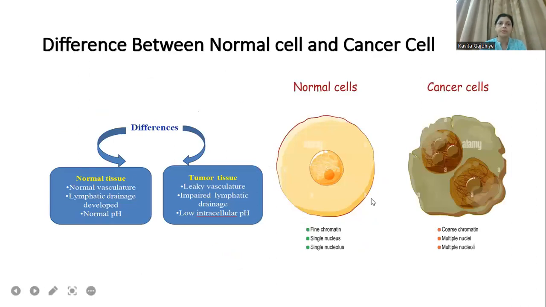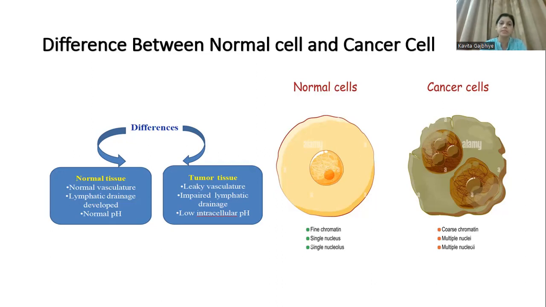So what is the difference between the normal cell and cancer cell? Here we can see the normal cell has the normal vasculature, lymphatic drainage developed and normal pH condition. But in case of tumorous condition, leaky vasculature occurs, impaired lymphatic drainage occurs and low intracellular pH.